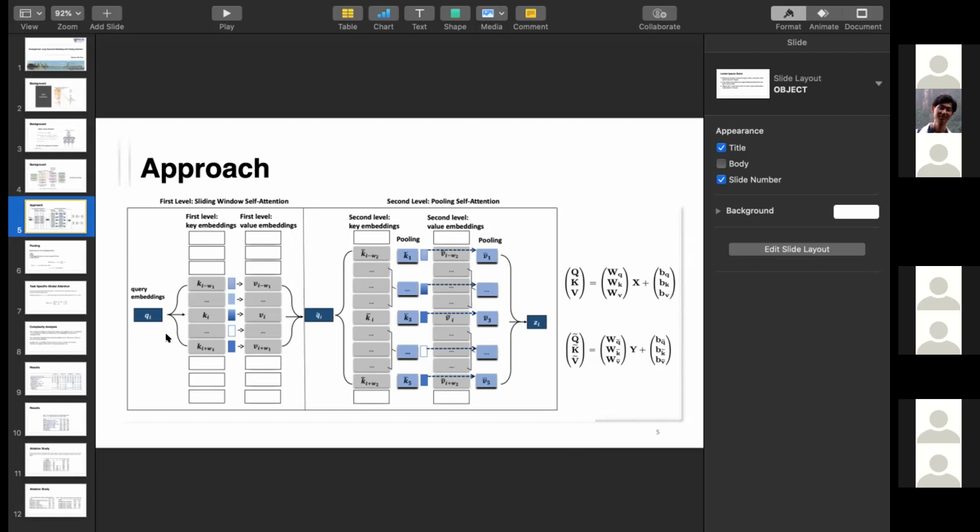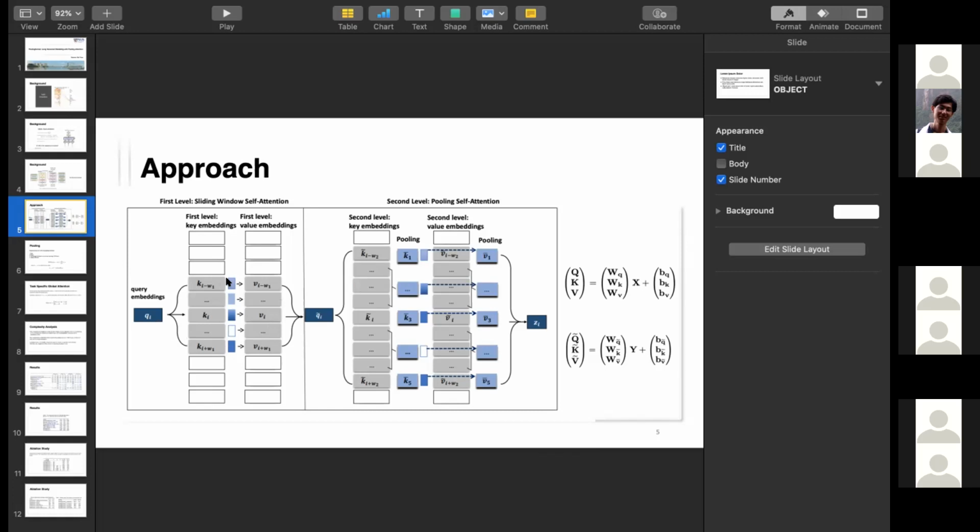After we apply the dot product between Q and K, we get the attention score shown here. Then we make a weighted sum of V using this attention score to get the output embedding of token i.